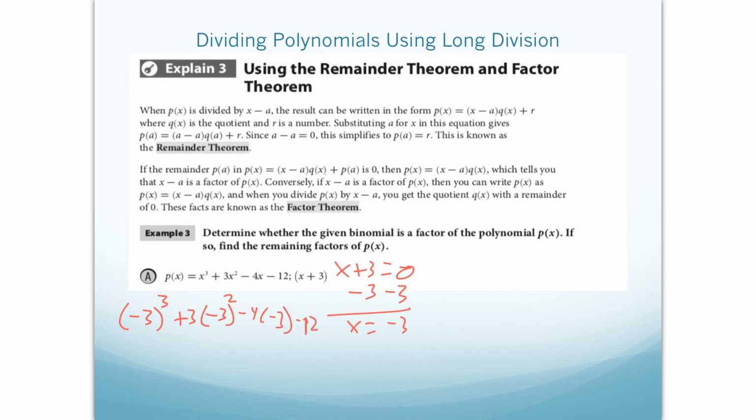If this equals 0, then that means x plus 3 is a factor, and we're going to want to factor it out. So we have negative 27 plus 27 plus 12 minus 12. So yes, this equals 0. So x plus 3 is a factor.